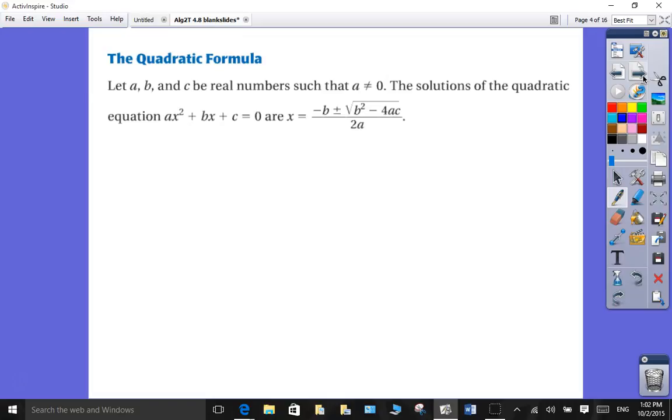All you need to find is what are the values of a, b, and c, and you plug them in. At that point, it's like a mechanical process that you don't even have to understand very much. And you're given the quadratic formula on the SOL, so you don't have to remember it. You just have to know how to plug things in. Be relatively okay with that.